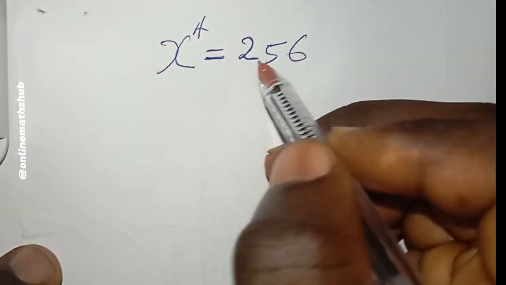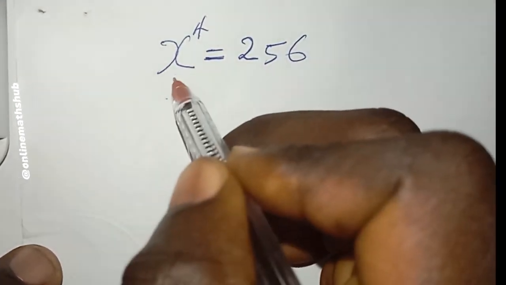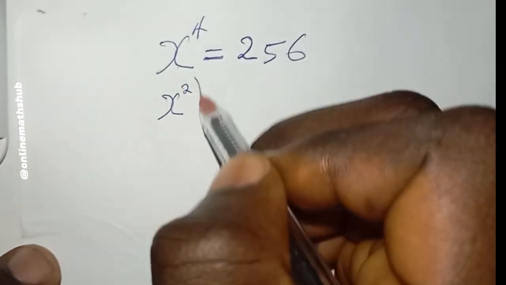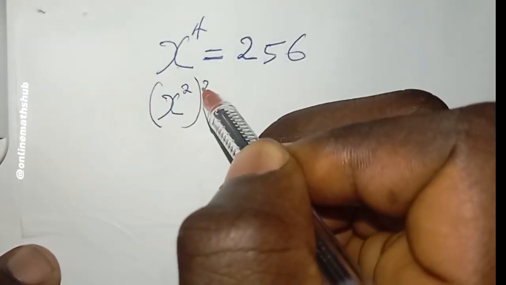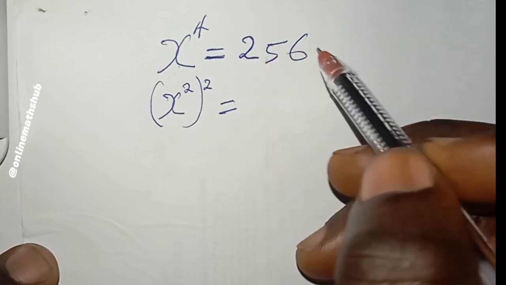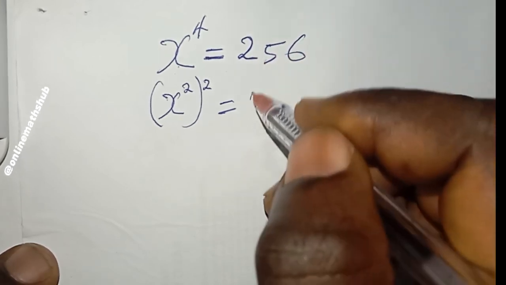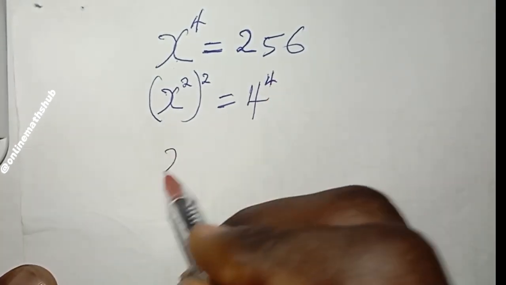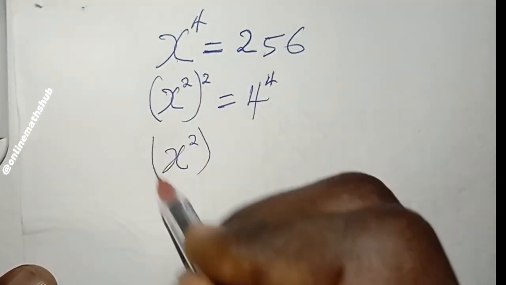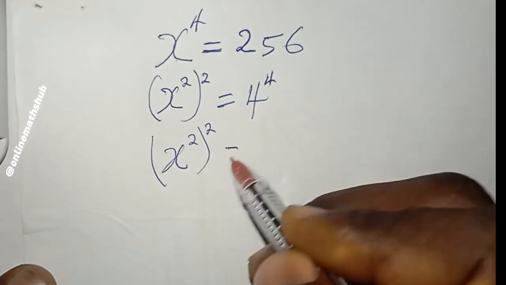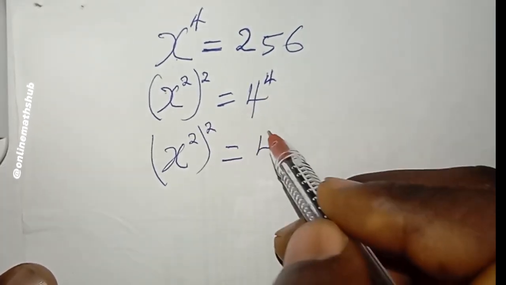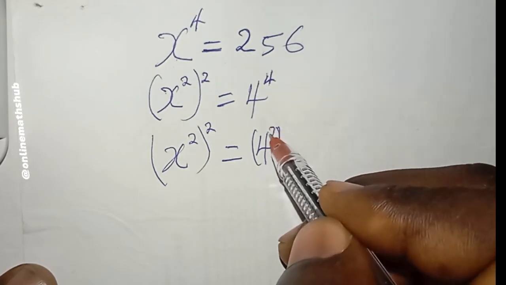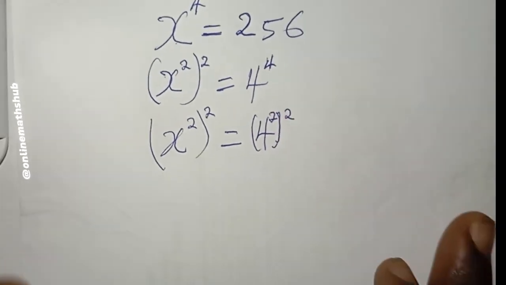Moving on, I can rewrite all of this. I can write this x power 4 as x power 2, and then power 2, and 256 we can actually write as 4 raised to power 4. You can also rewrite this as 4 power 2, and then power 2.